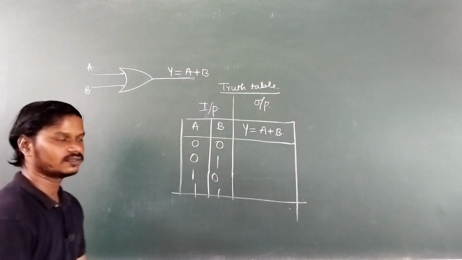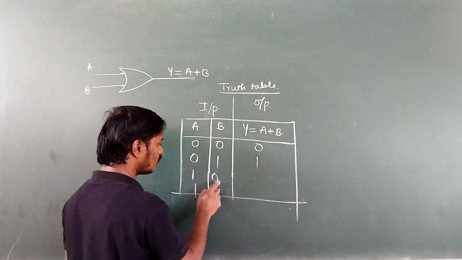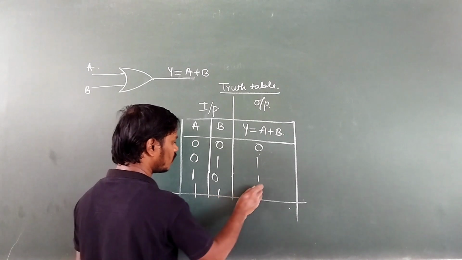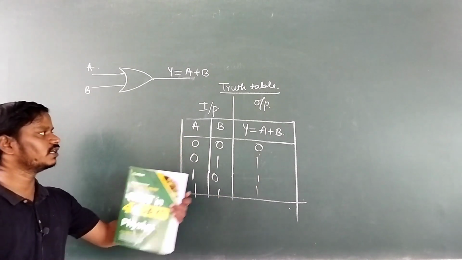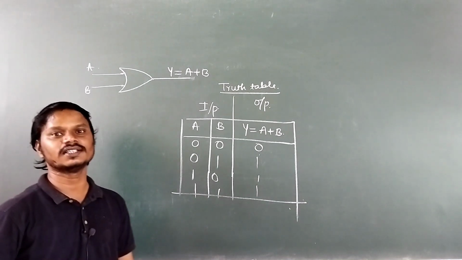Then the outputs are: 0 or 0 is 0, 0 or 1 is 1, 1 or 0 is 1, 1 or 1 is 1. So this is the truth table for which gate? OR gate. These three are the basic gates.